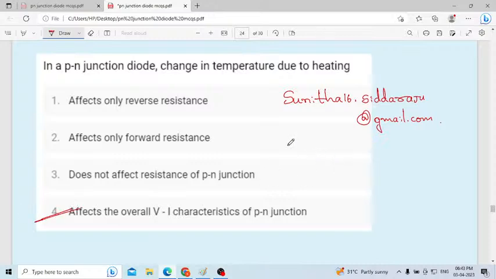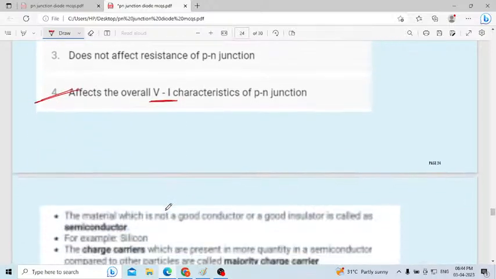Even in reverse bias and forward bias, whatever we are discussing, the changes will be between V and I. You will get a different graph. I will include the graph also in the last class. When you increase the temperature, the value of voltage and the value of current both will change. That one you have to remember.